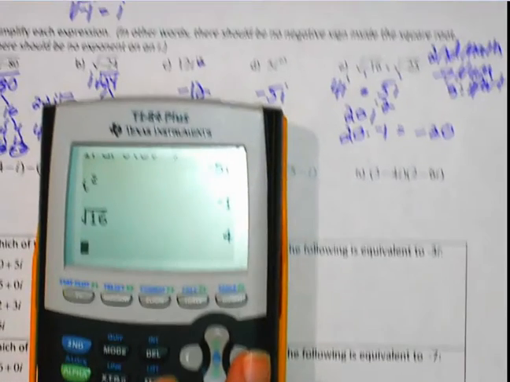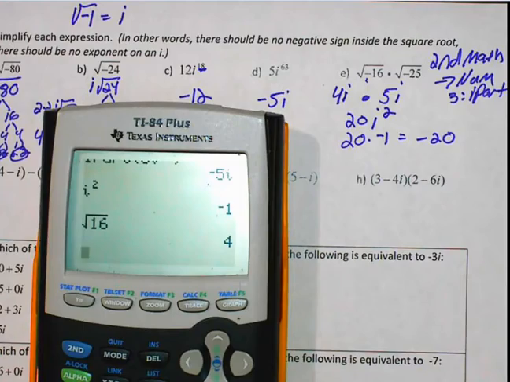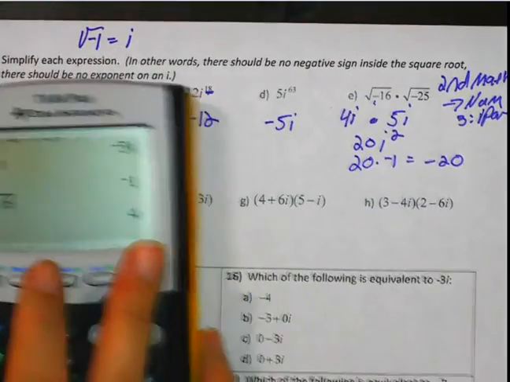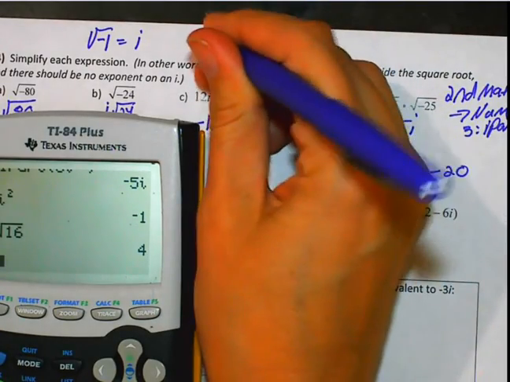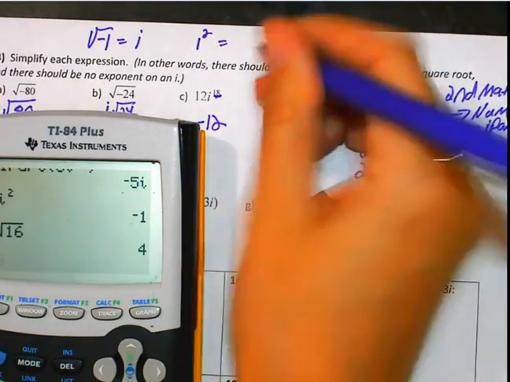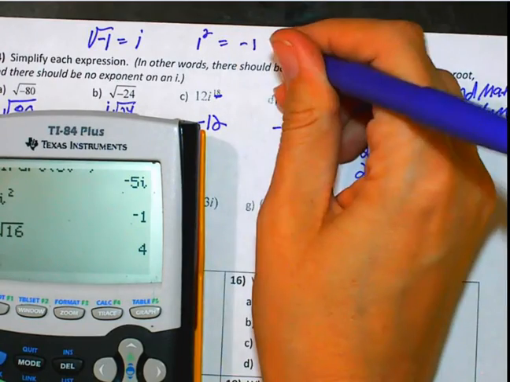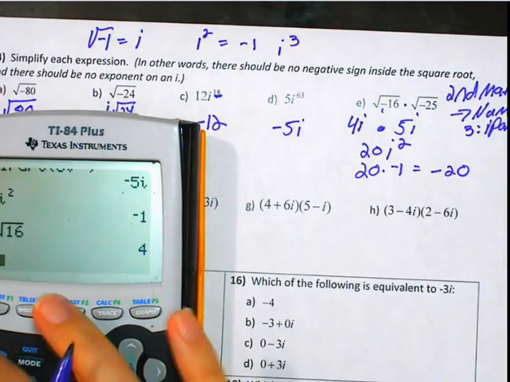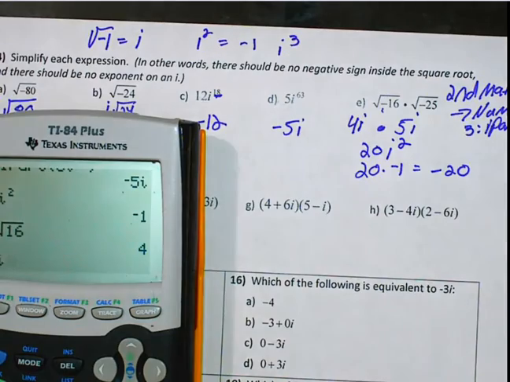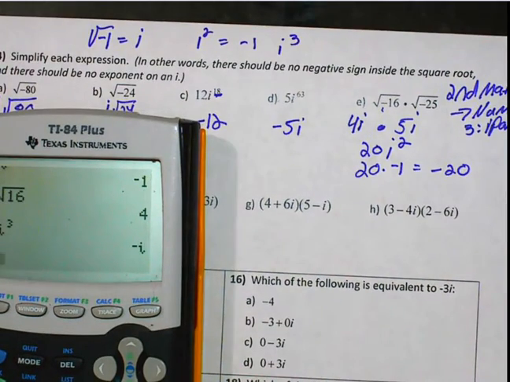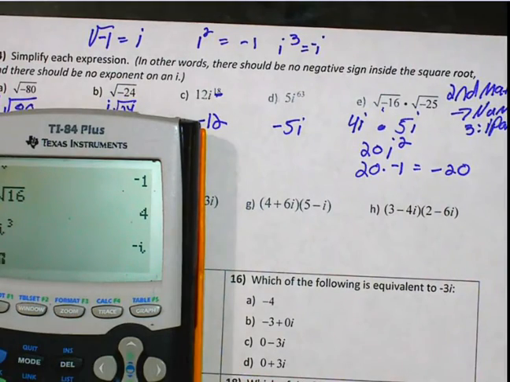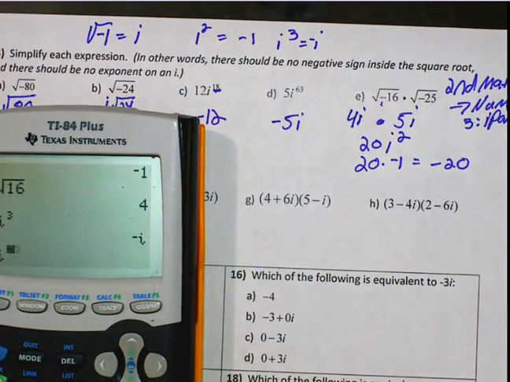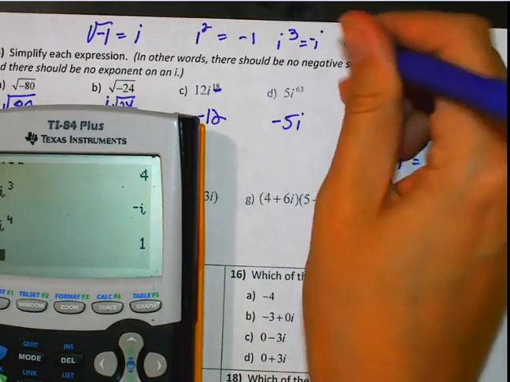You should be familiar, remember that there's cycles of I. So up here I wrote that the square root of negative 1 is I. And then you have I squared, which we just saw was negative 1. And then I cubed, so second, I to the power of 3 is going to be negative I. And then I to the power of 4 is going to be just 1.